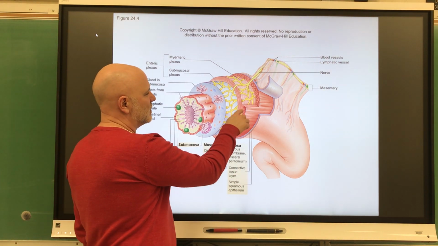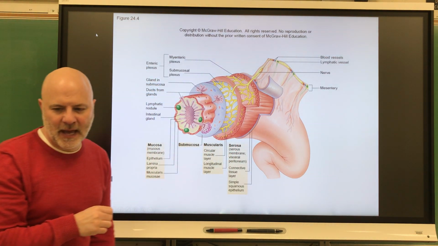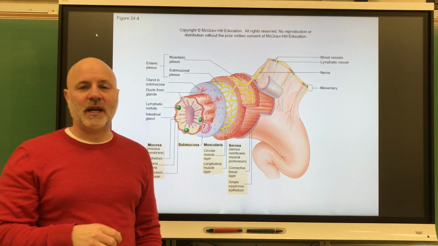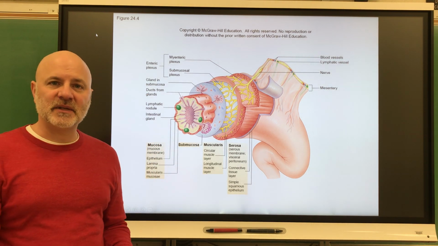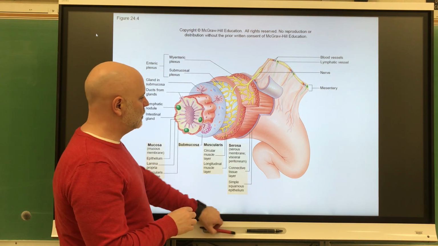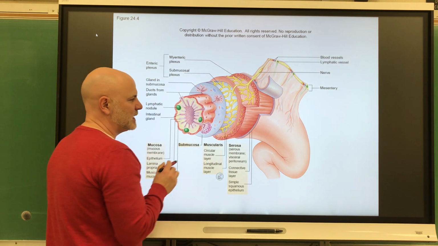Outside of that is the muscularis externa. So this is the muscularis externa in that area right there. This produces movements in the alimentary canal, such as peristalsis and segmentation. It is made of two layers. We have an inner layer, which are the circular fibers, which we see right there.